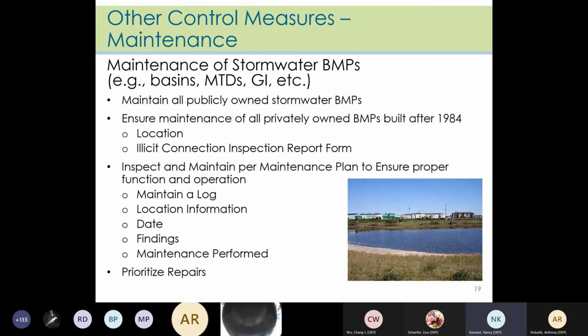Publicly owned stormwater facilities must be maintained by the permittee. If that is a town, the town is also required to ensure that privately owned BMPs are being properly maintained and that some sort of certification or proof is provided to them on an annual basis.